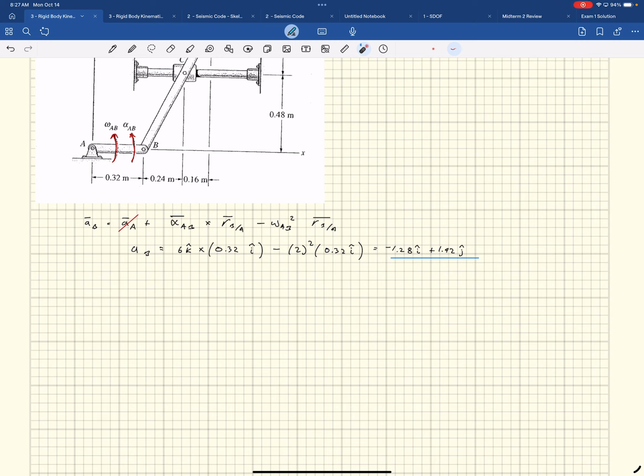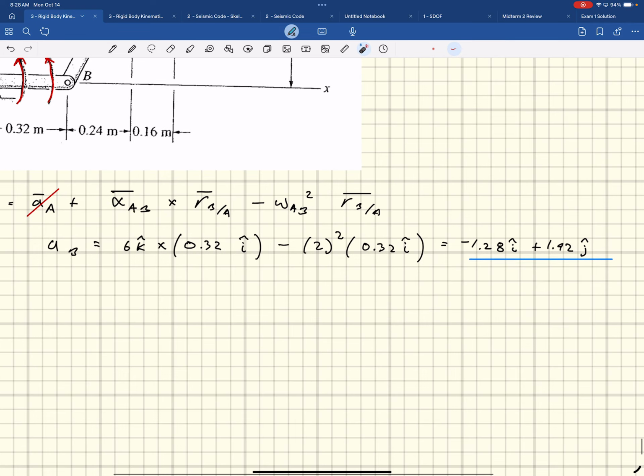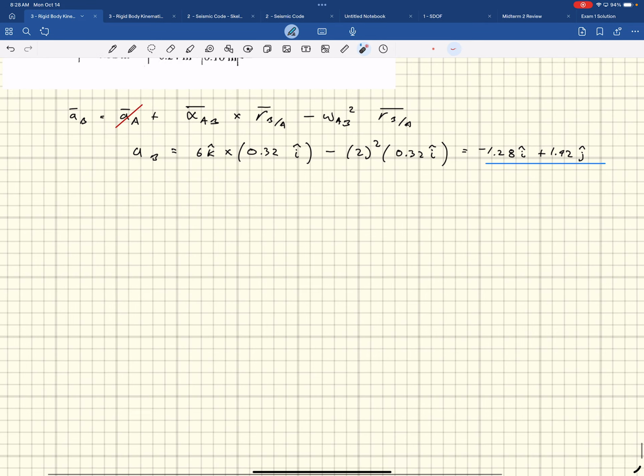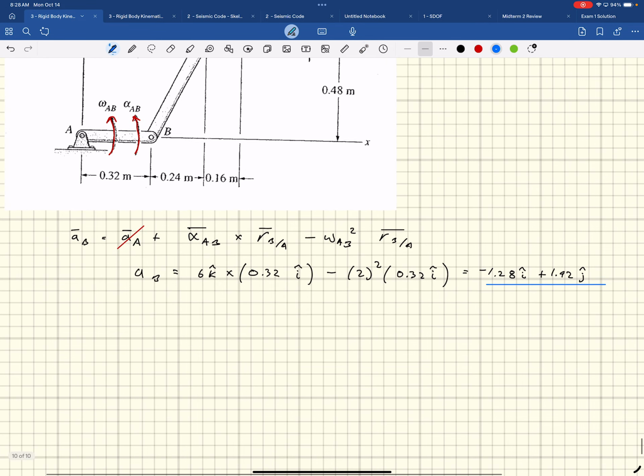Again, that passes the smell test, and I would absolutely believe those. As I said before, trust this math, but also go back and see if you can convince yourself intuitively that it makes sense. In this case it does: it should be accelerating back this way and up, which it does. Okay, and we go on.